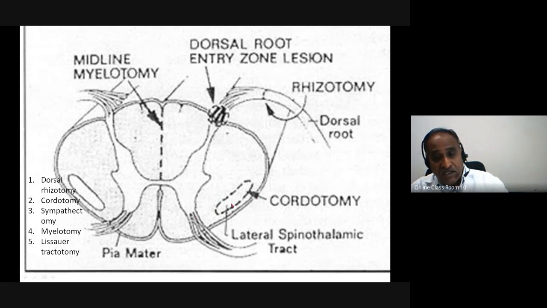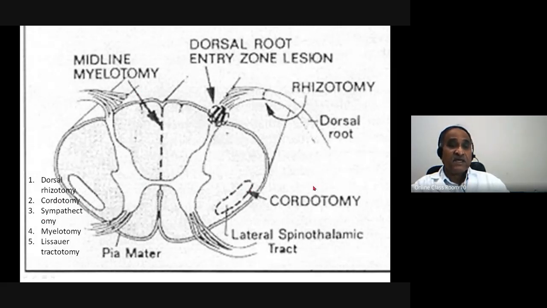And in this procedure, you are also destroying all the other segments below that particular level. So that's another important aspect about the chordotomy.